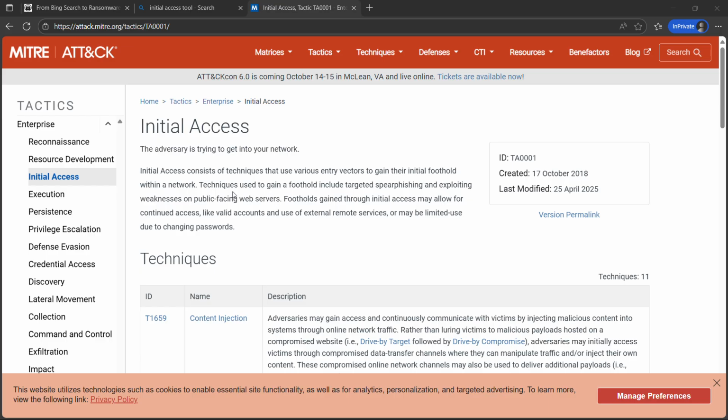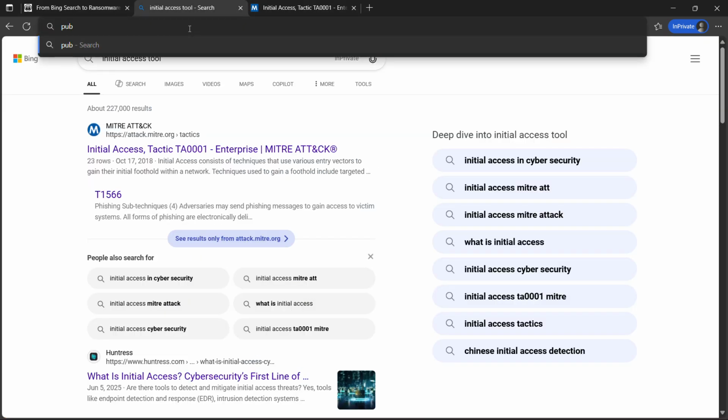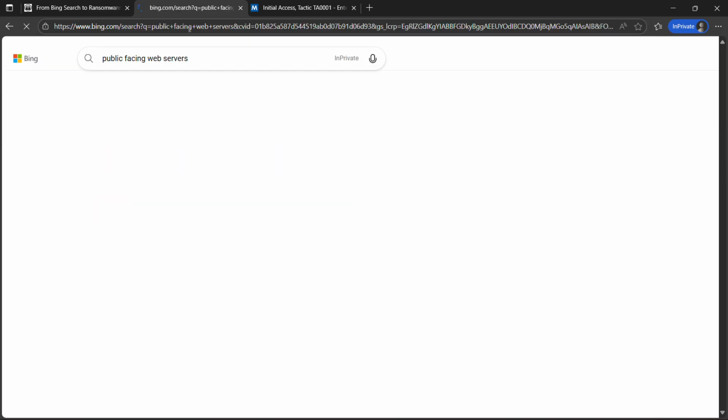Surfacing and exploiting weaknesses on public-facing web servers.